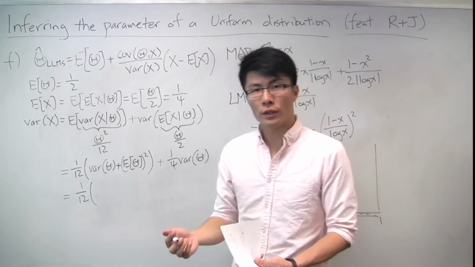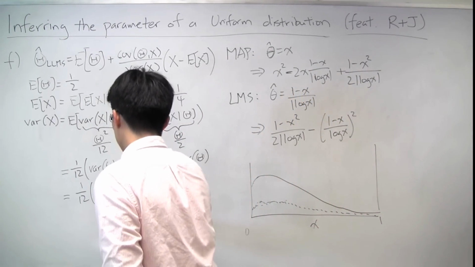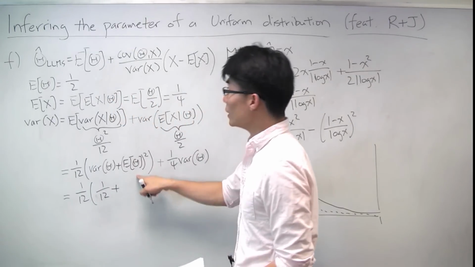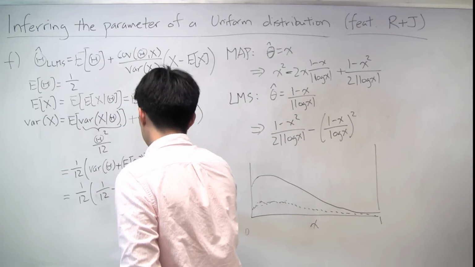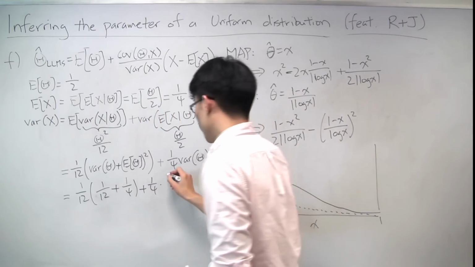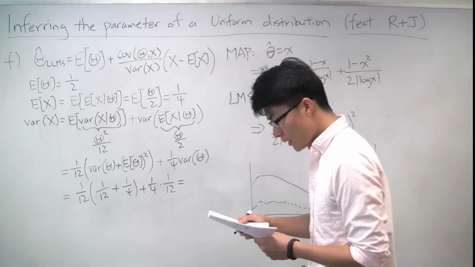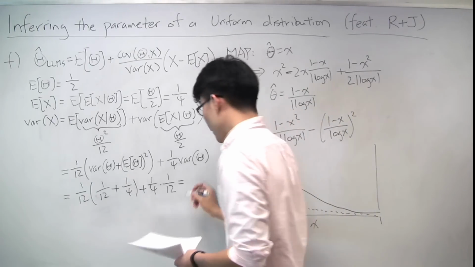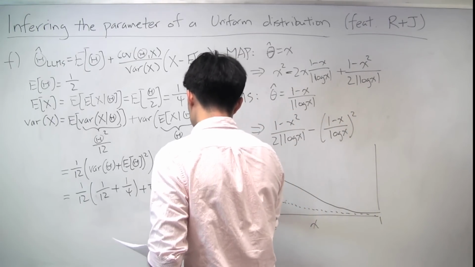So the width is 1, so you get 1 squared over 12, and the variance is 1/12. What is the mean of theta? It's 1/2. When you square that, you get a 1/4. And you get, finally for here, the variance of theta, like we said, is 1/12, so you get 1/12. And now when you combine all of these, you get that the variance ends up being 7 over 144.